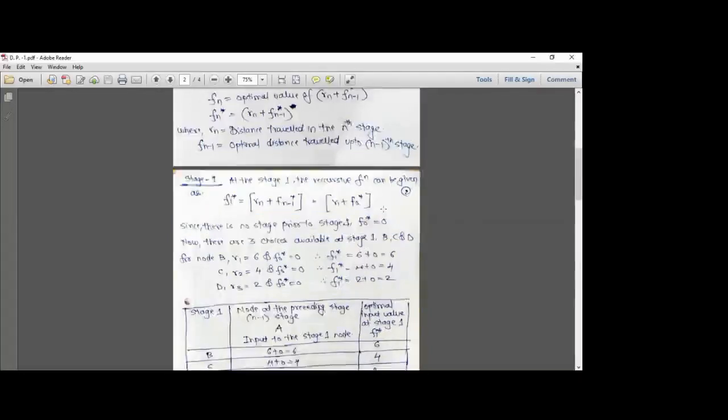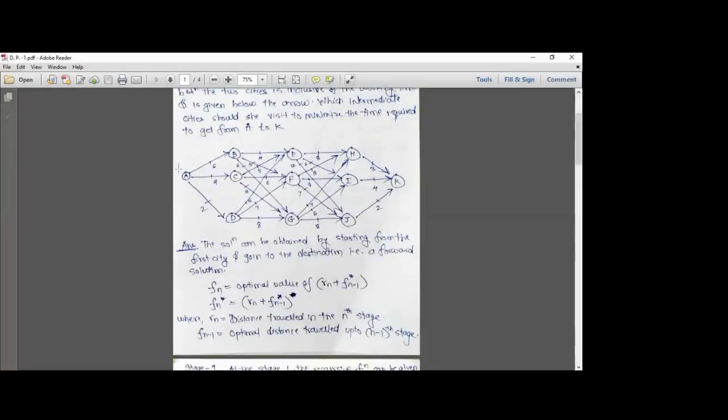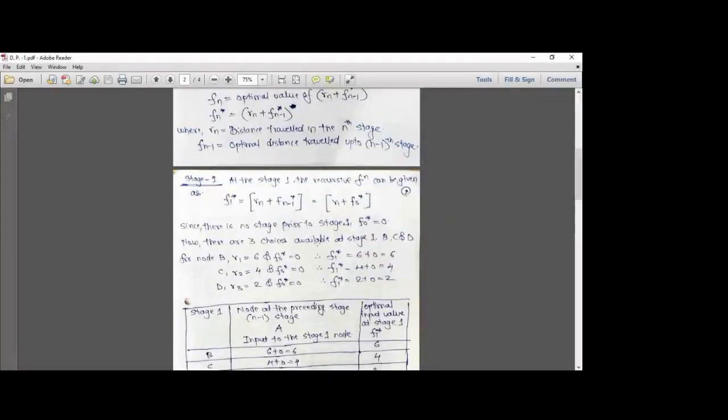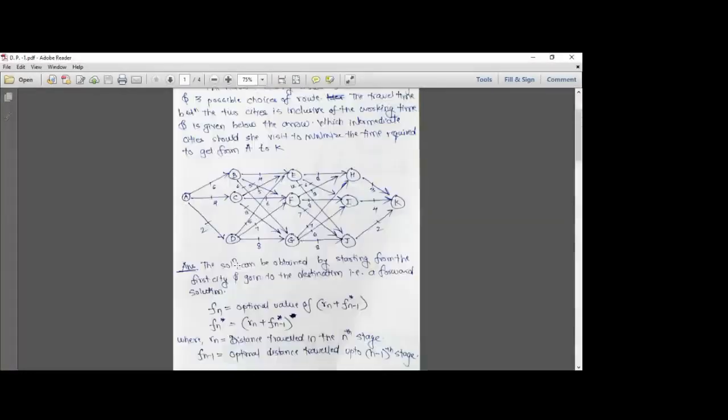Now, at stage A, she has three choices: B, C, D. So there are three choices available at stage 1, which are B, C, and D. For node B, what is the R1 value?